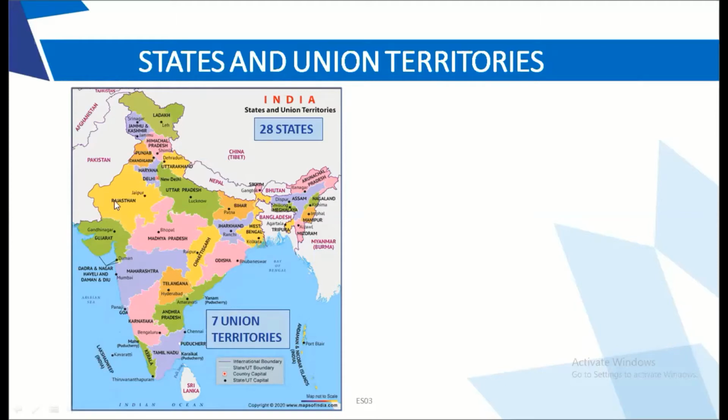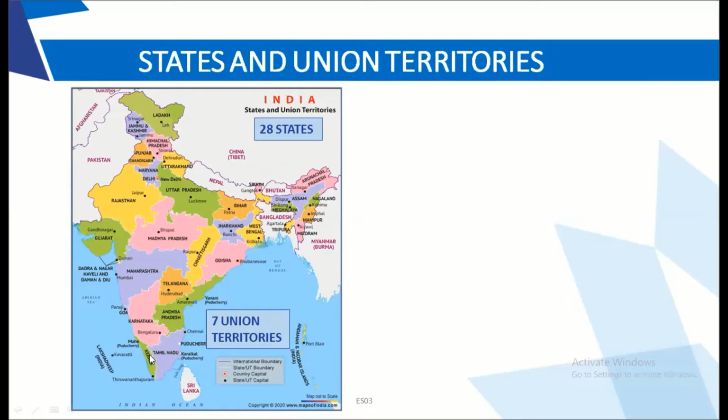When we look at the size of Rajasthan, we understand that Rajasthan is the largest state of India. The business hub of India is Maharashtra. Mumbai is its capital. The smallest state of India is Goa and Panjim is its capital.